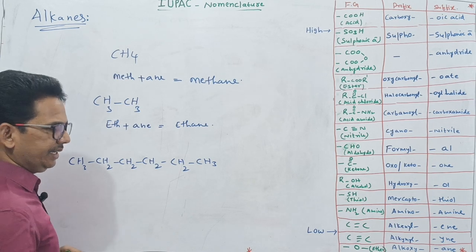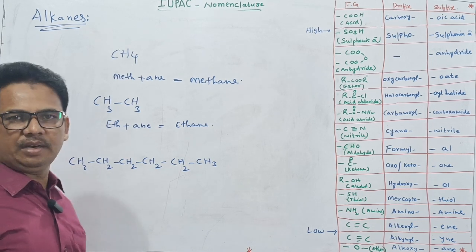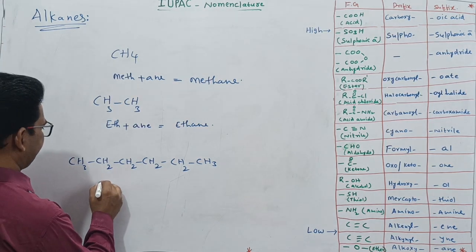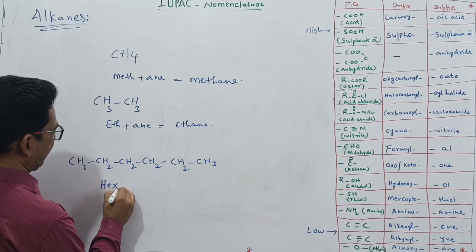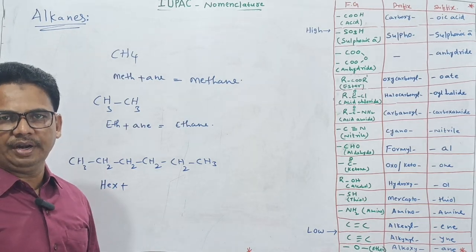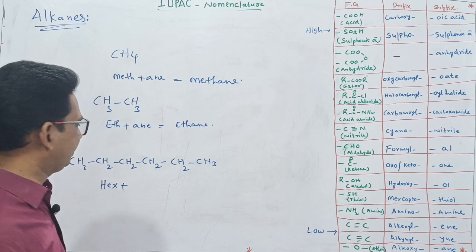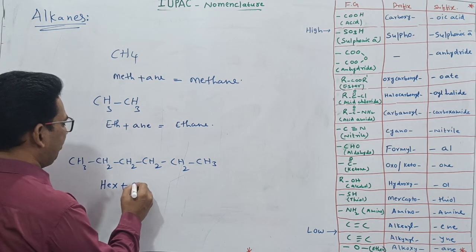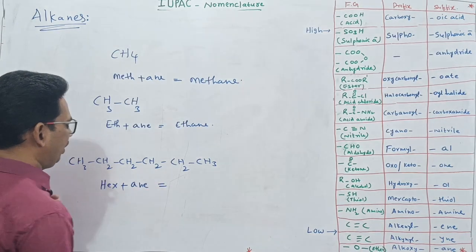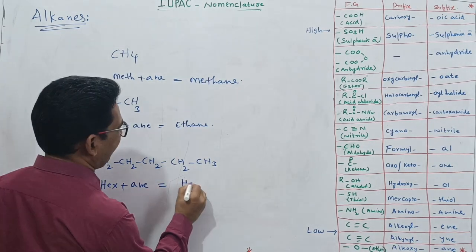Six carbons means the word root will be hex. Then it is saturated, it has single bonds, it is a single bonded compound. Then what will it be called? Ane. Then what will be the IUPAC name? Hexane.